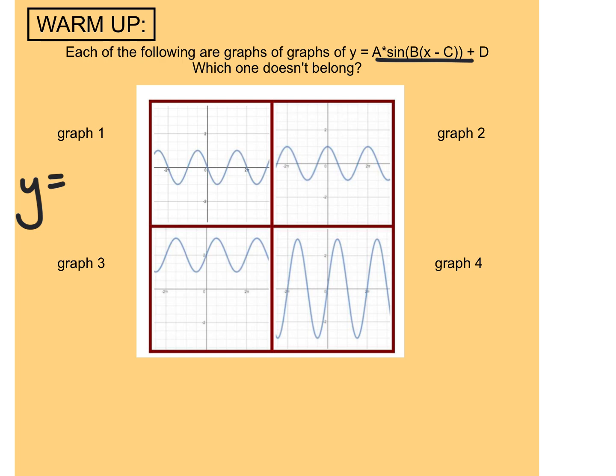But I will tell you this, as far as I know, each of them only has one tweak. It's like, oh, it's 2 sine, or oh, it's sine of 2 theta, or it's got a negative in it somewhere. So don't think you have to find like 16 changes. It's just sine of theta, but there's something changed about it.